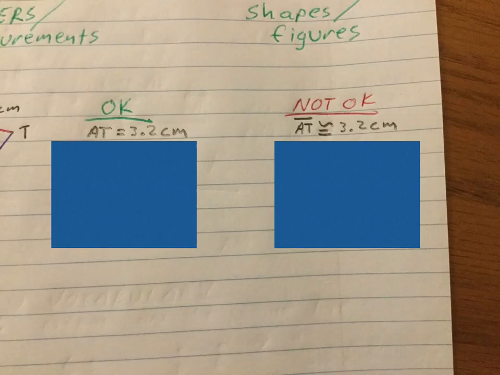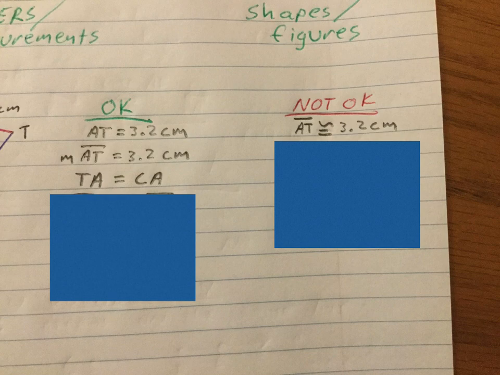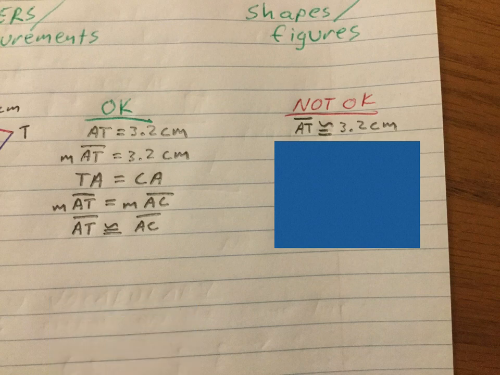A few other things that are okay to say. We could say the measure of segment AT is 3.2 centimeters. We could also say segment AT is equal in length to segment CA. We could also say the measure of AT is equal to the measure of AC.